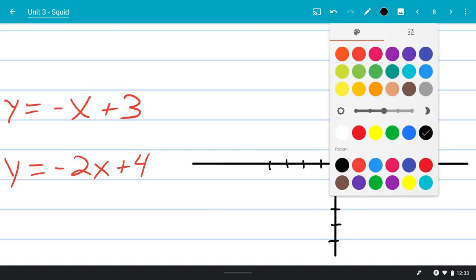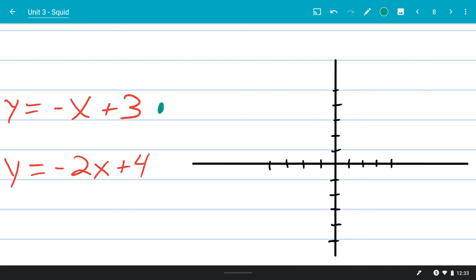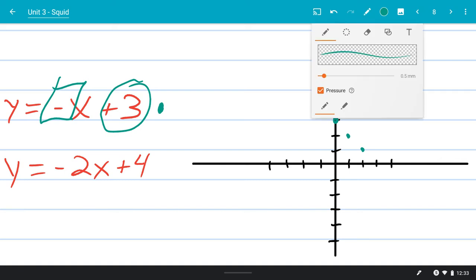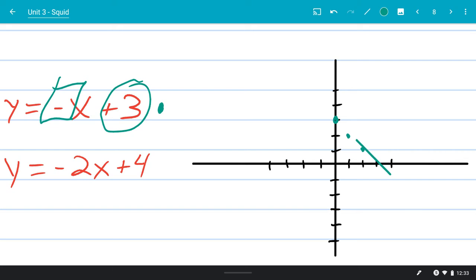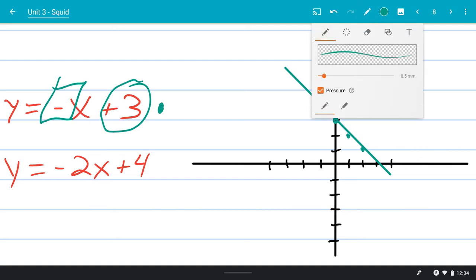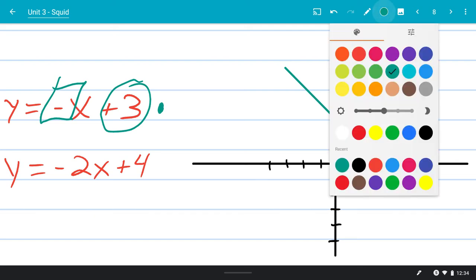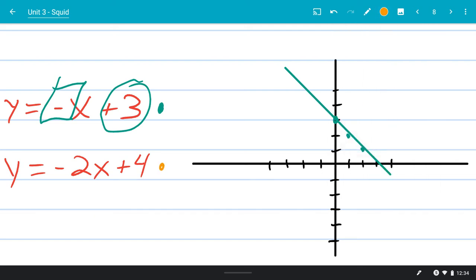So let's go with the first equation. We'll go with that one in green. My y-intercept is 3, so 1, 2, 3, and my slope is -1. So down 1 over 1, down 1 over 1. That one's going to look something like that, roughly. Okay. Let's go with, oh, lovely orange there.